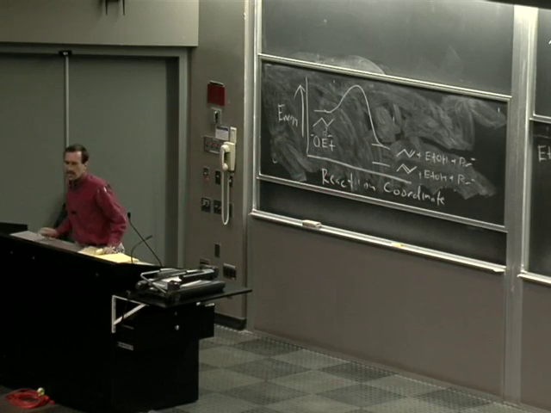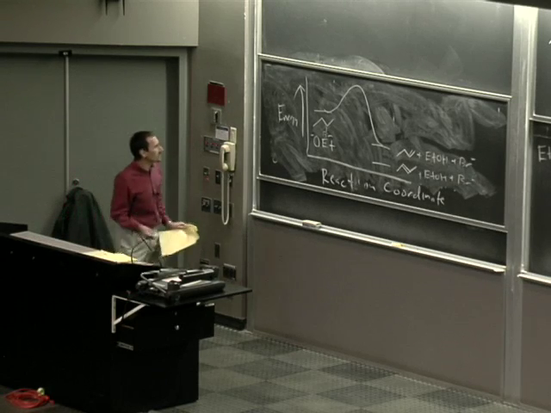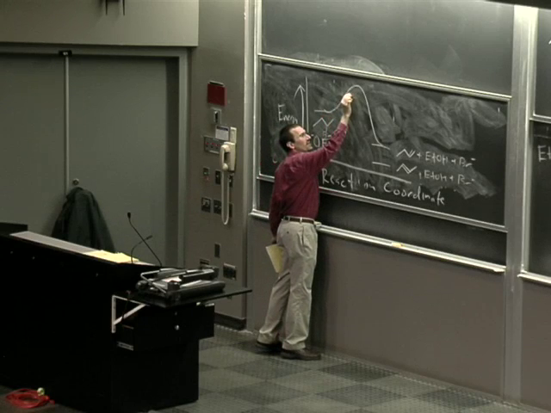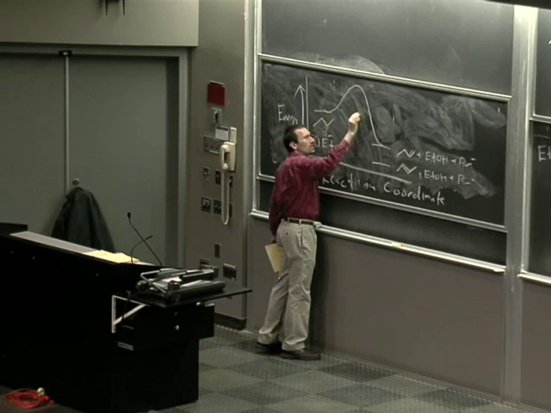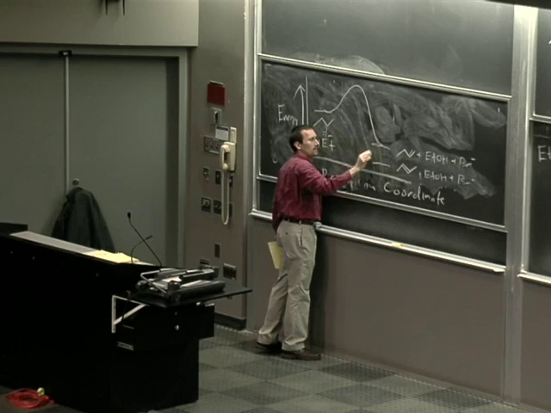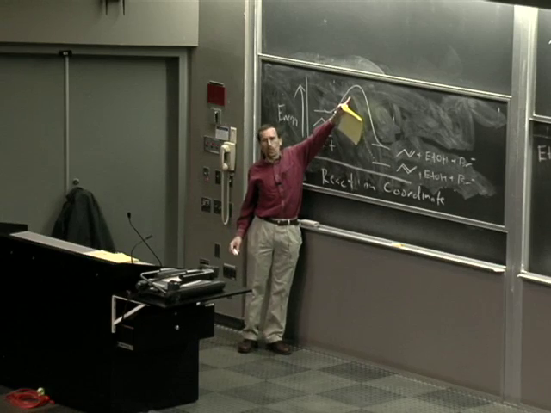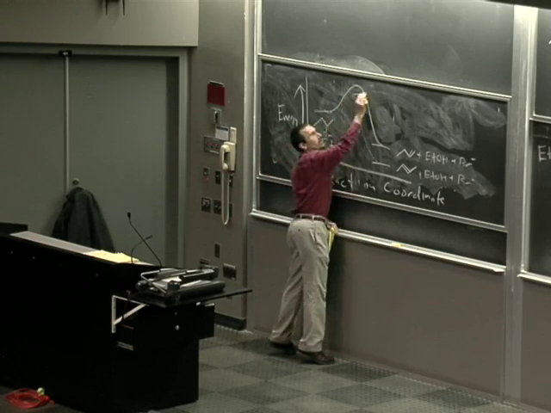If I want to make an energy diagram for the formation of 2-butene, I'm going to do exactly the same thing. And you can see almost intuitively, if I'm trying to connect to a lower point, I'm going to have a lower energy barrier.